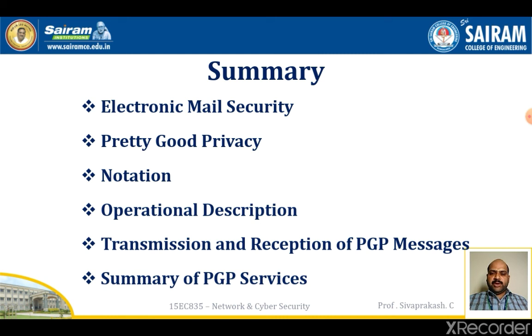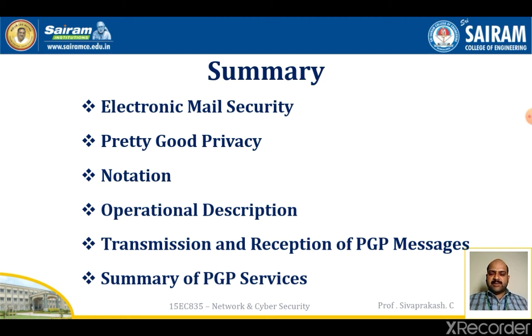In this video, we have come across an introduction to electronic mail security. We have seen the pretty good privacy protocol, the notations used in pretty good privacy, and the operational descriptions, that is, the services provided by PGP, the 5 different services: authentication, confidentiality, compression, email compatibility, and finally segmentation.